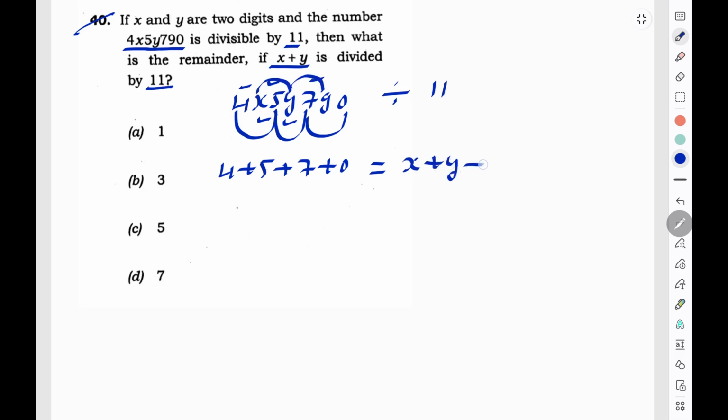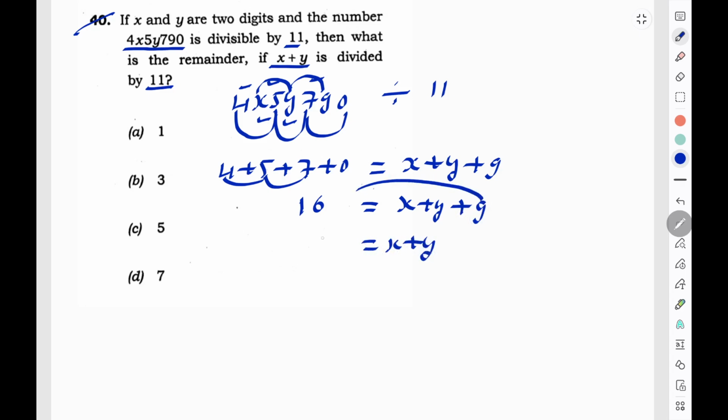So 4 plus 5 plus 7 plus 0 is 16, which is equal to x plus y plus 9. By transposing, we get x plus y as 7.